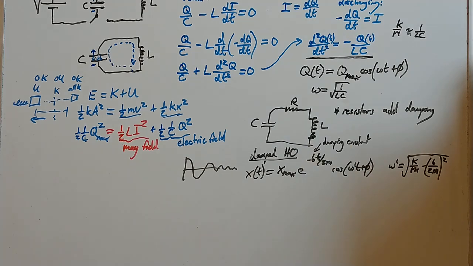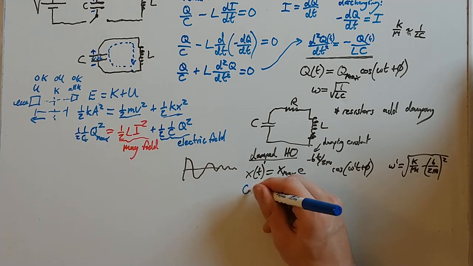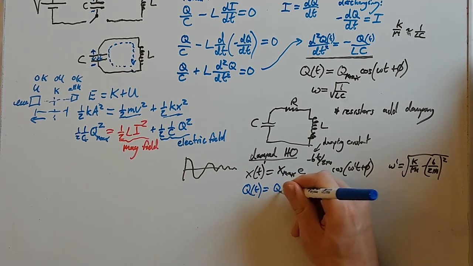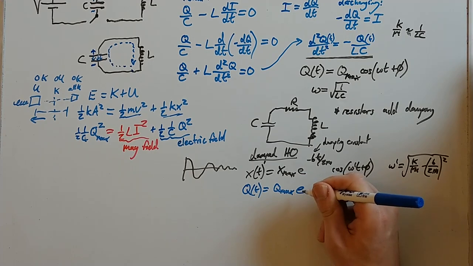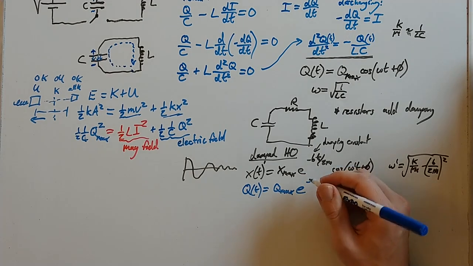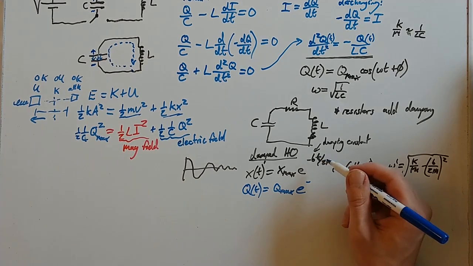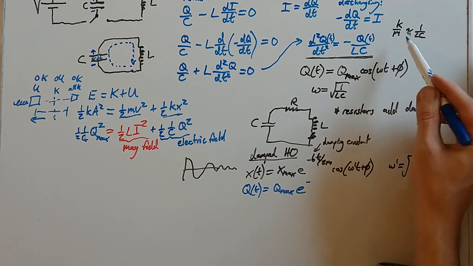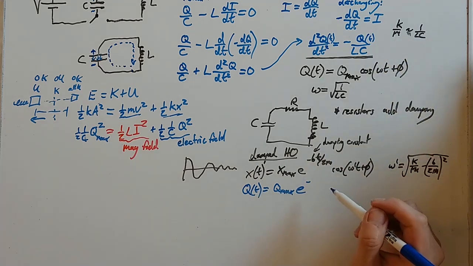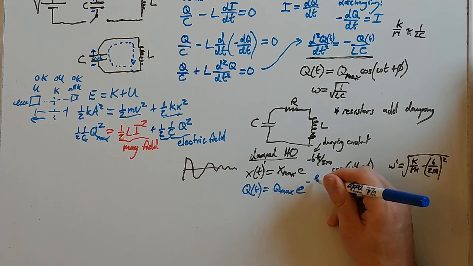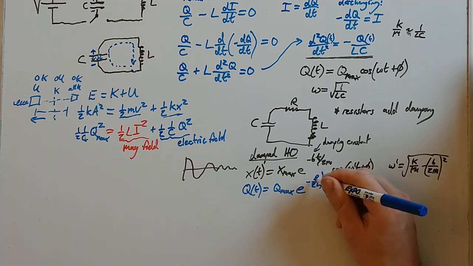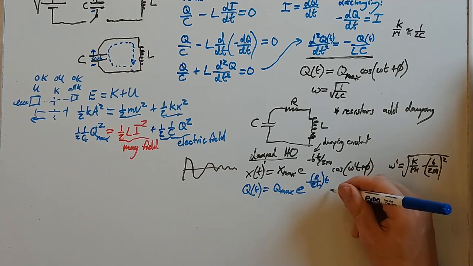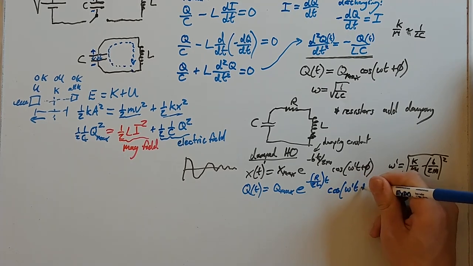For our RLC circuit, we write this formula. We're not interested in position, we're thinking about how much charge is on the capacitor. So Q of t is Q max times e to the minus R over 2L times t, times cosine of omega prime t plus phi.